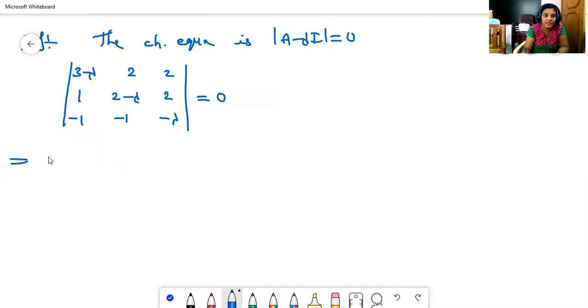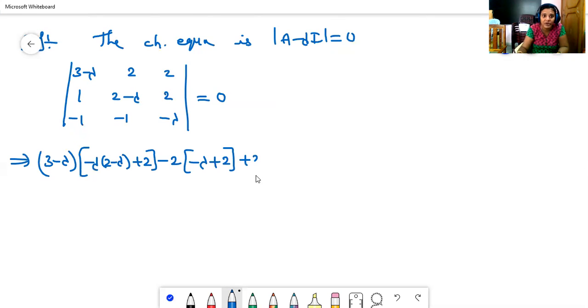From this, we take 3 minus lambda into the elimination of the corresponding row and column. Then minus lambda into 2 minus lambda, minus into minus plus 2, minus 2 into 1 minus 1 into minus lambda, minus into minus plus 2, plus 2 into 1 into minus 1, minus into minus plus 2 minus lambda equal to 0.